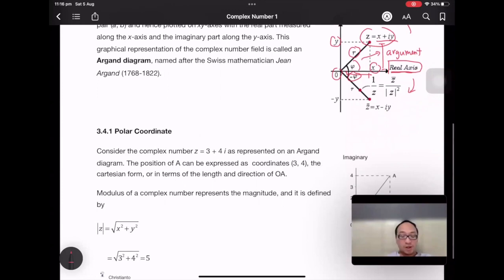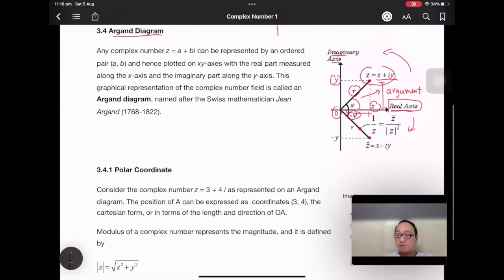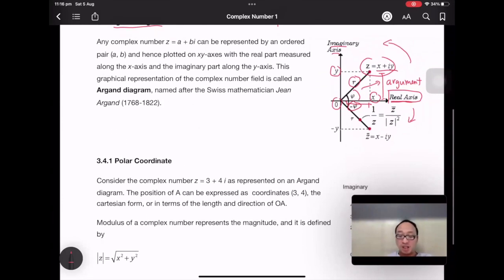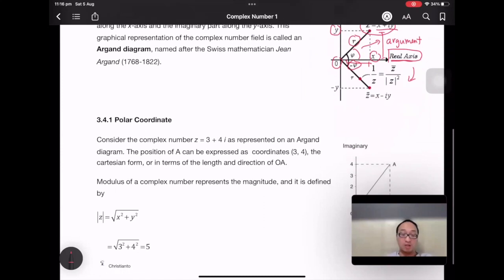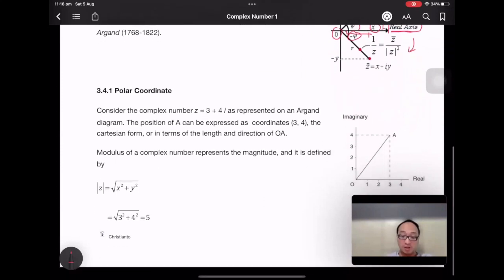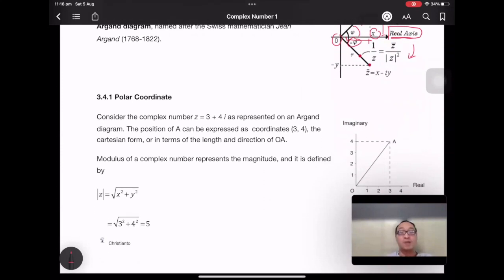We can express the complex number in the Argand diagram using the polar coordinates. So for example, the complex number 3 plus 4i can be represented on the Argand diagram. It will be in the first quadrant because x is positive 3 and y is positive 4. So I can draw it in the Argand diagram.